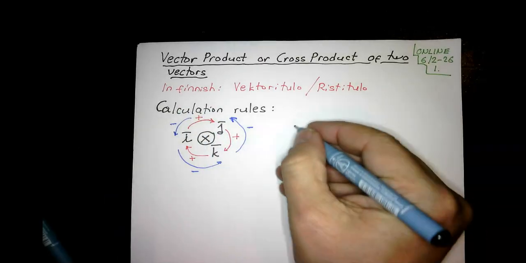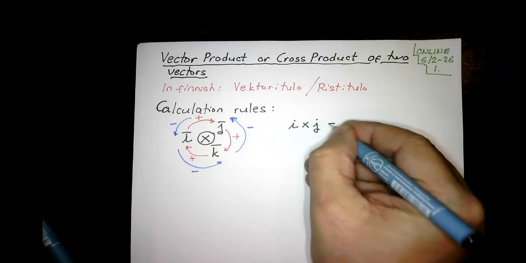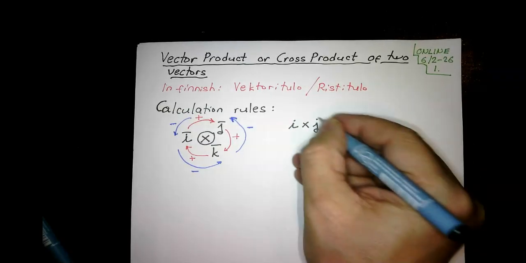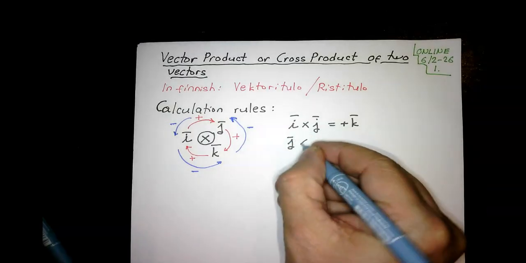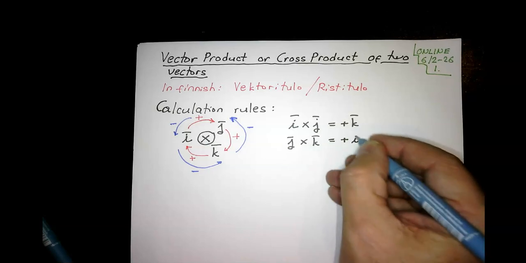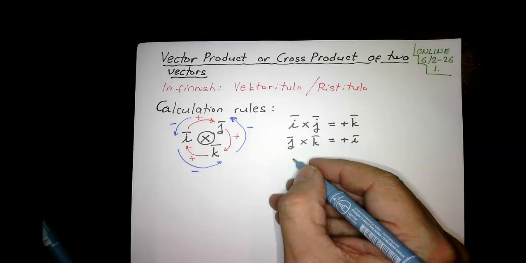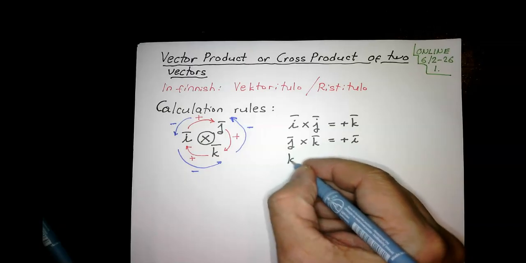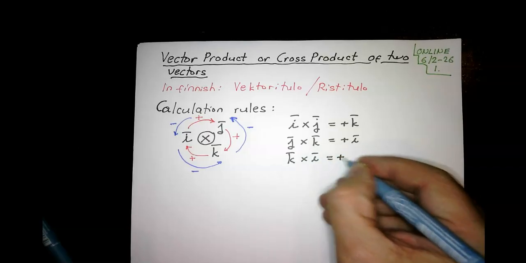So the rules will be: i cross j is plus k, j cross k equals plus i, and then the last one, k cross i equals plus j.